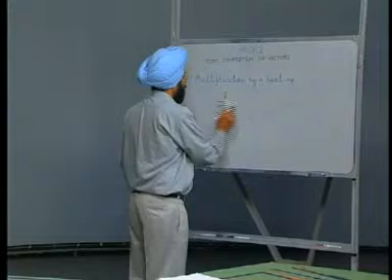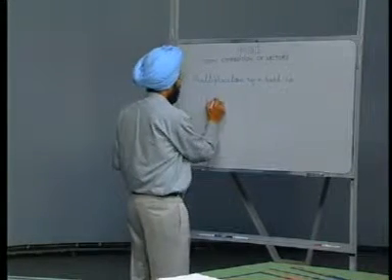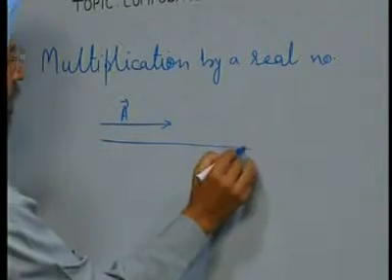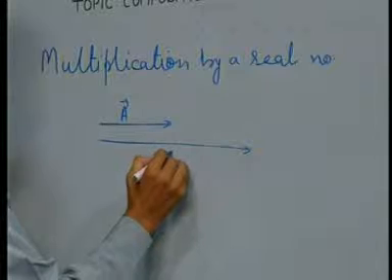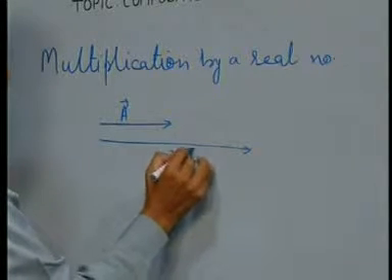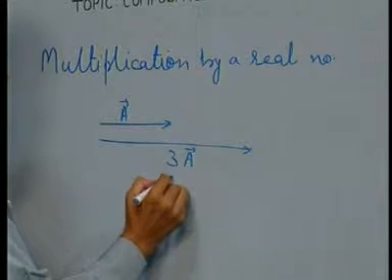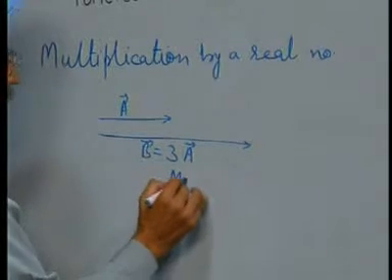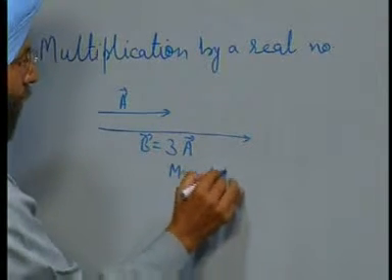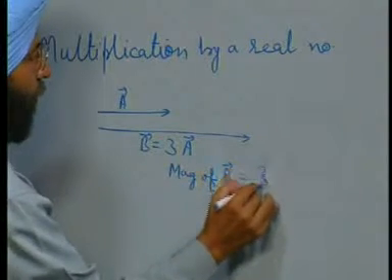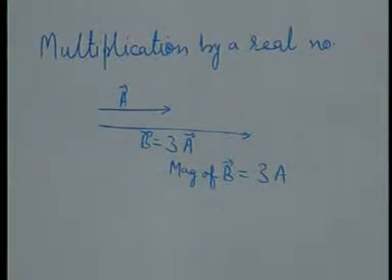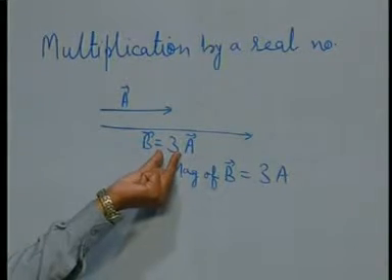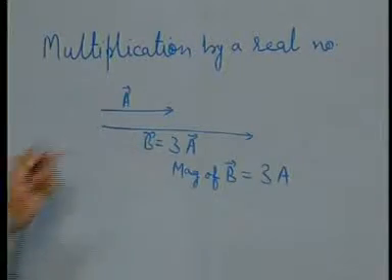If we multiply a vector with a positive number, say 3, then B equals 3A will have the same direction, and magnitude 3 times the magnitude of A. Magnitude is multiplied with the positive real number, and direction is same.